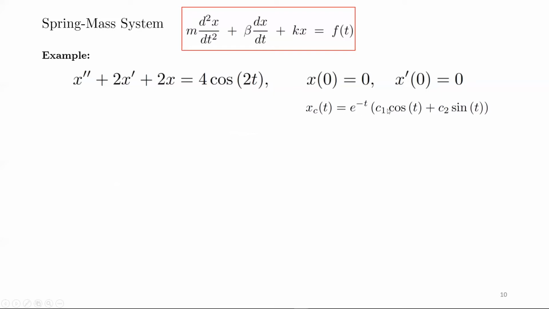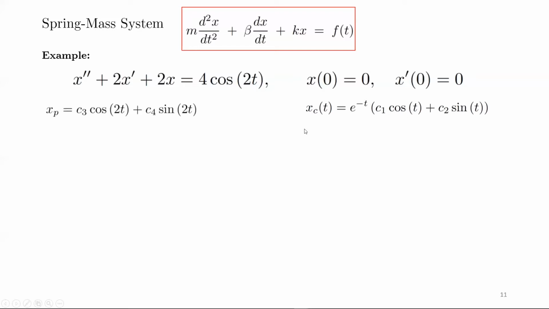Our complementary solution contains the term cosine of t. So 2t is not the same as t, so our particular solution is not going to be bothered by the complementary solution, because cosine of 2t is not the same as cosine of t.